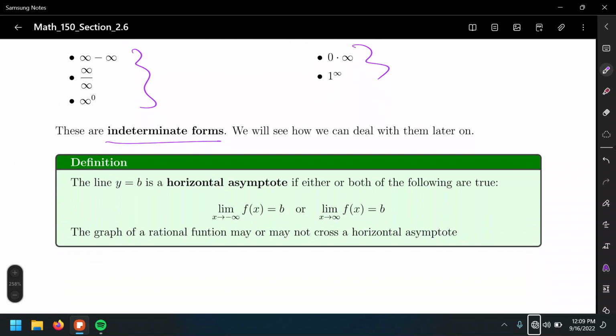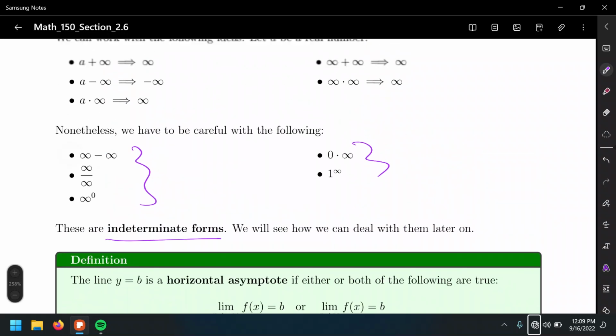So the line y equals b is a horizontal asymptote if either or both of these are true, that is, the limit as x approaches negative infinity of f of x equals b, or the limit as x approaches infinity of f of x equals b. In this case, it's true for both.